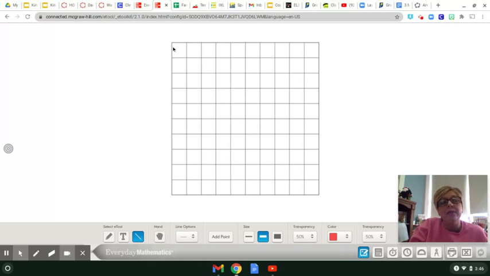I know the length is 8. So I'm going to do that first. 6, 7, and I believe that is 8, right about there. So 1, 2, 3, 4, 5, 6, 7, and 8, and the width is 5.